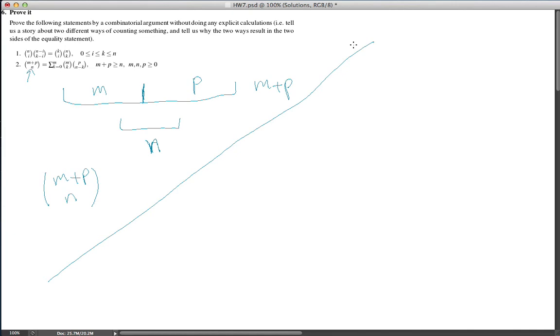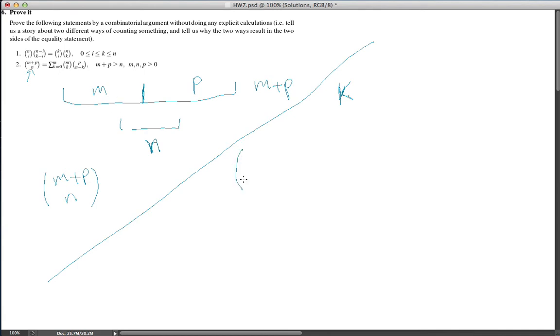Let's say that the number of male committee members is k. Now if we fix this k, then how many ways are there to pick a committee with this many male members? Well, obviously we have to select these k committee members out of our male population.